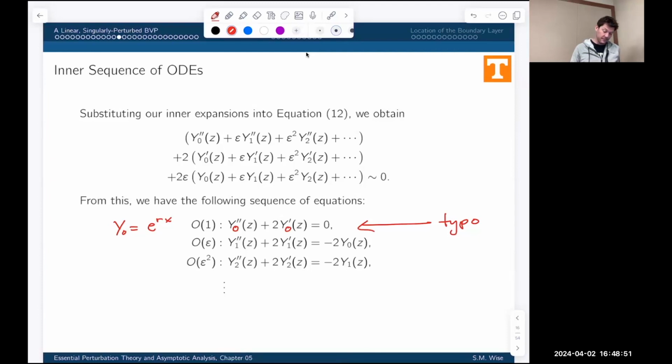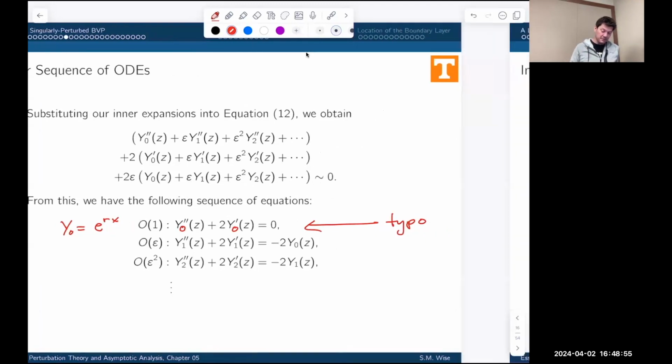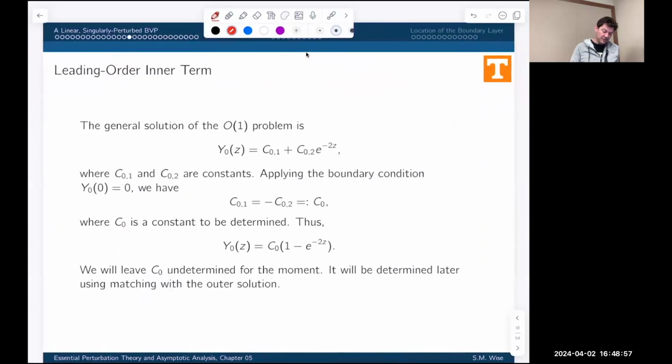There are 2 r values you get when you solve that quadratic equation. In this case, you get r equals 0 and r equals minus 2. So those are the 2 linearly independent homogeneous solutions to our equation. We have 2 arbitrary, unknown coefficients.